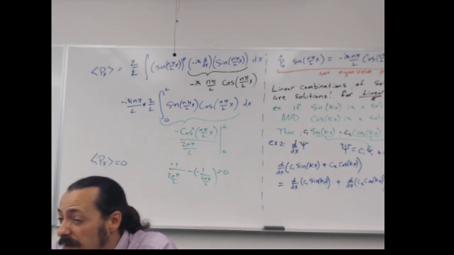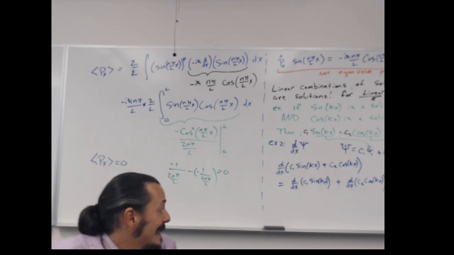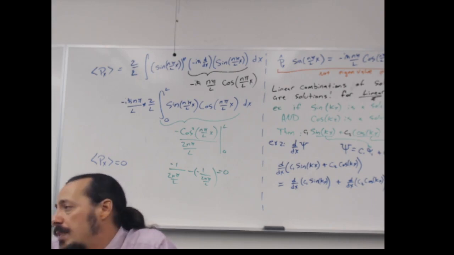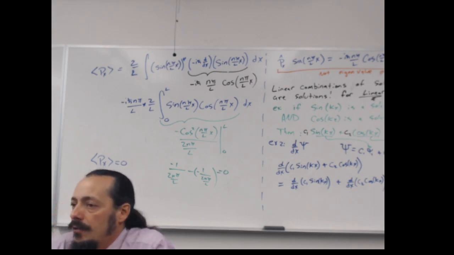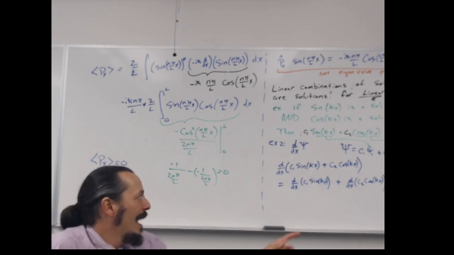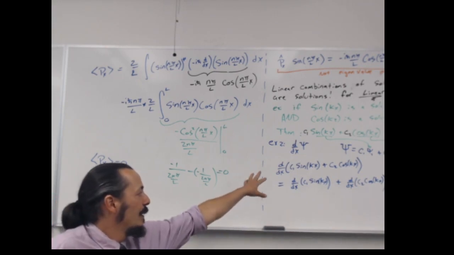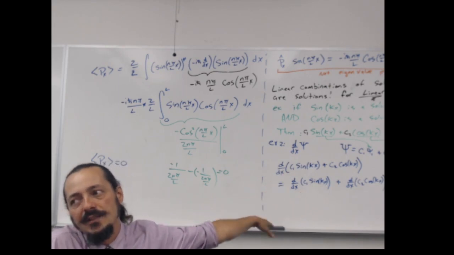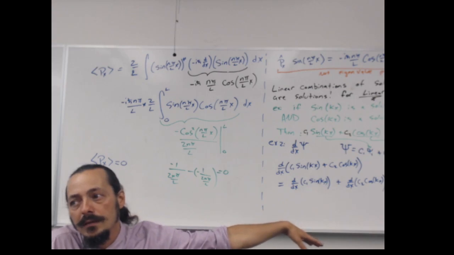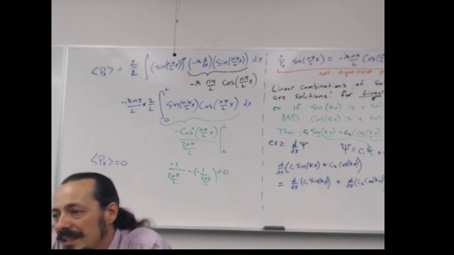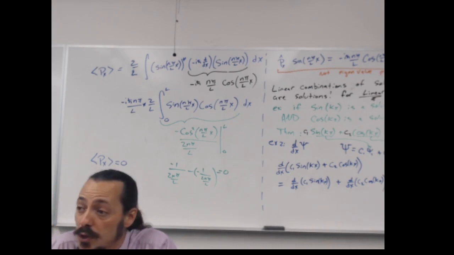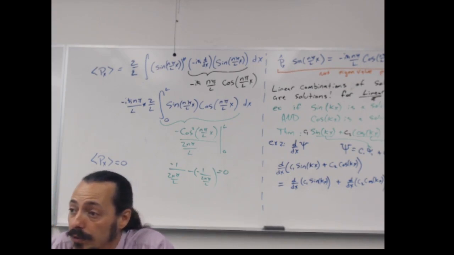There are a couple examples of non-linear operators. That would be like squaring the thing. If you did sine kx plus cosine kx squared, that's not the same as sine squared plus cosine squared. We're really not going to worry about them too much this quarter.